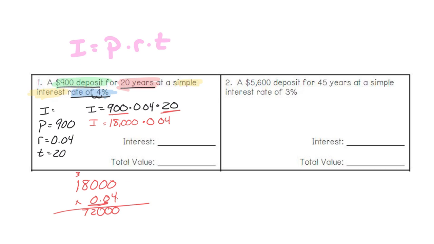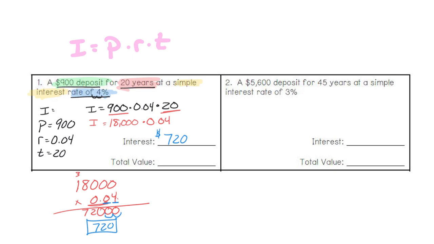However, I did the multiplication as normal without having a decimal. Now I see there is 2 digits behind a decimal. So I'm going to insert a decimal 2 digits in. The interest on that will be $720. So the interest is $720.